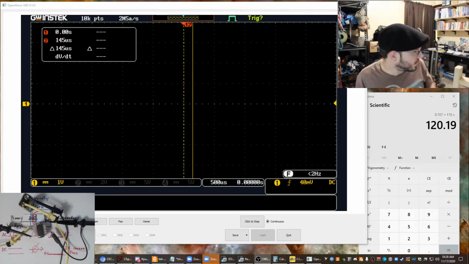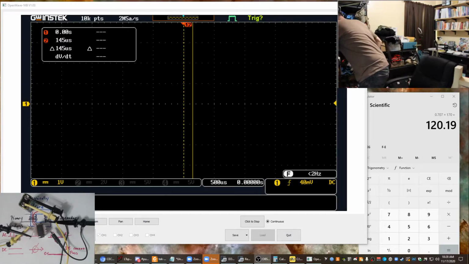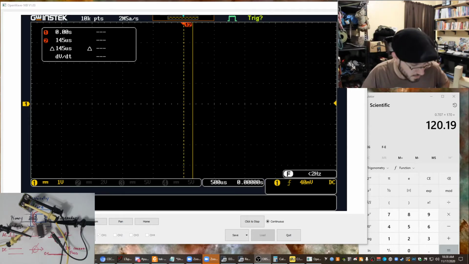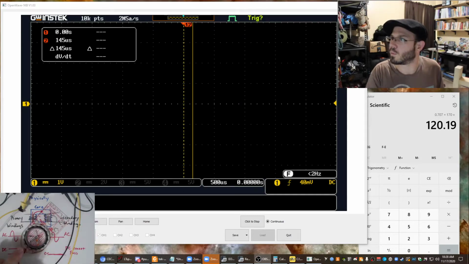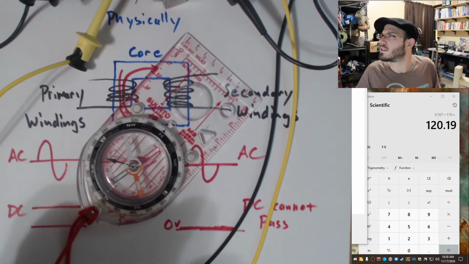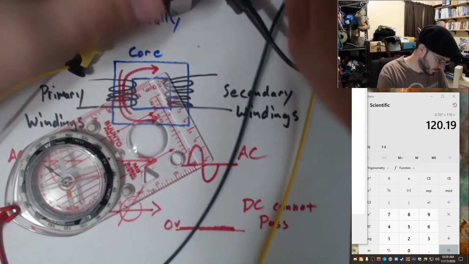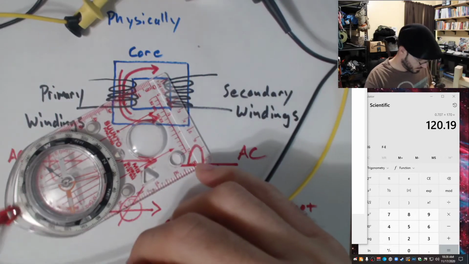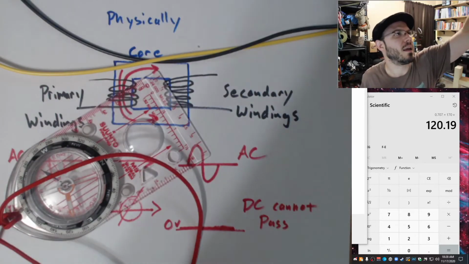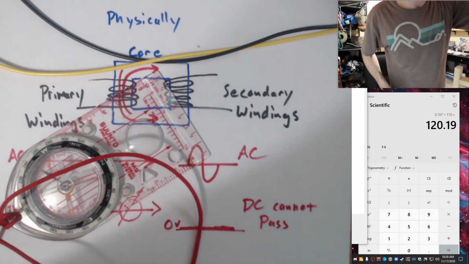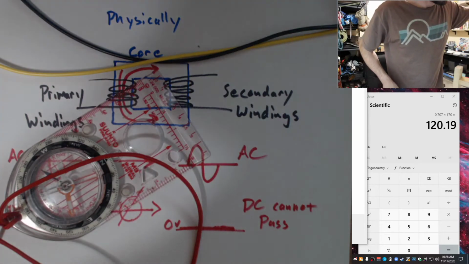And in fact, do I have my compass laying around? I could show that. All right, here's a compass. Let me get... Come on, coil.